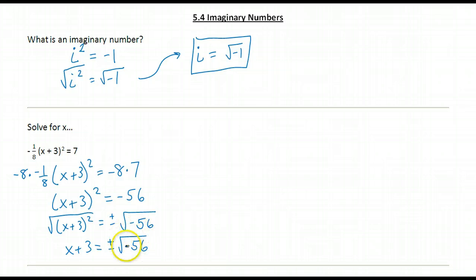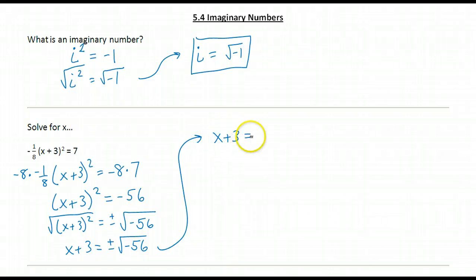At this point, I need to simplify this irrational number. x plus 3 equals plus or minus. Now I'm going to rewrite -56 as a series of numbers. The largest perfect square that divides 56 is 4.